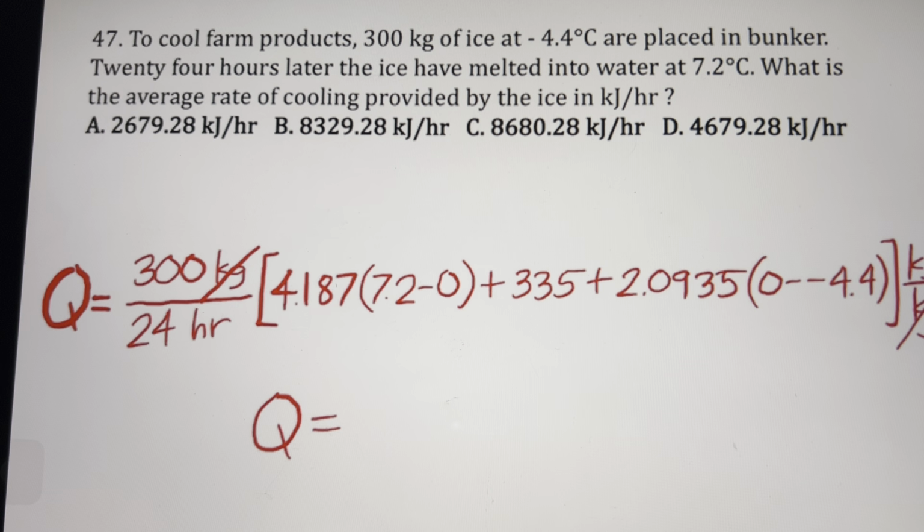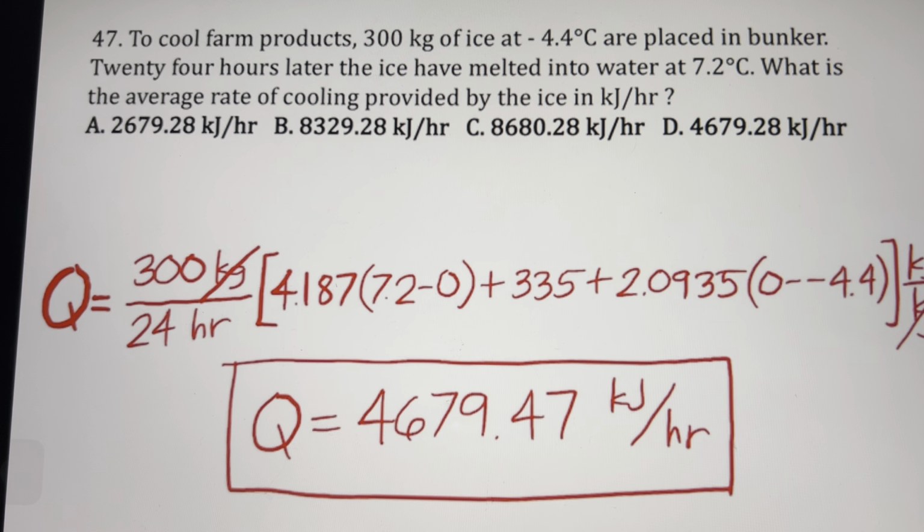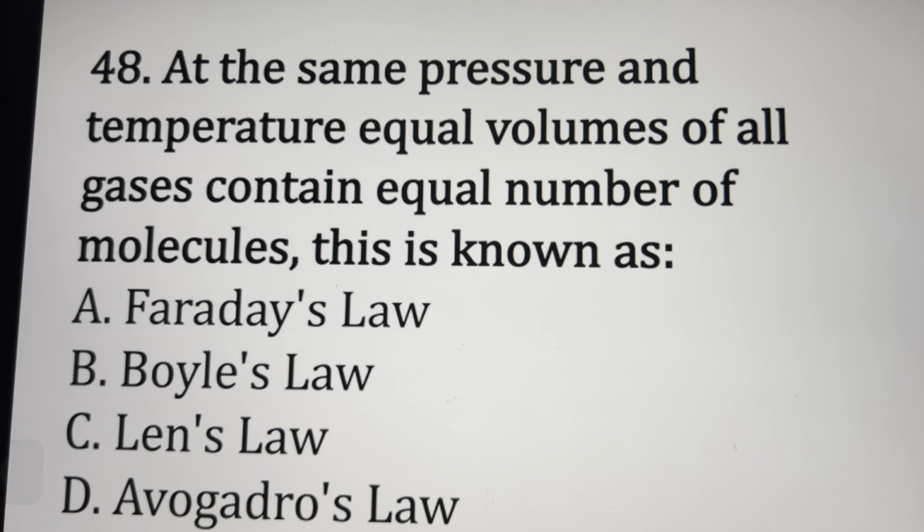This is 4,679.47 kilojoules per hour. The best answer, 4679.28. At the same pressure and temperature, equal volumes of all gases contain equal number of molecules. This is also known as Avogadro's law.